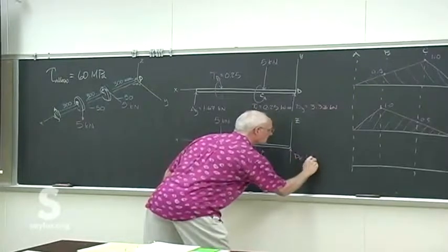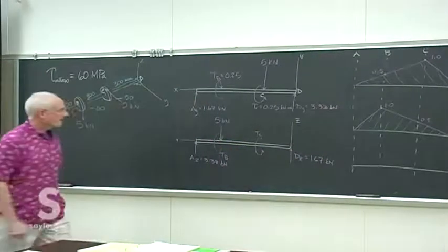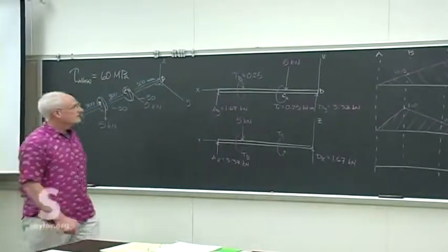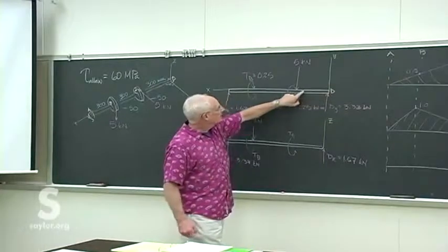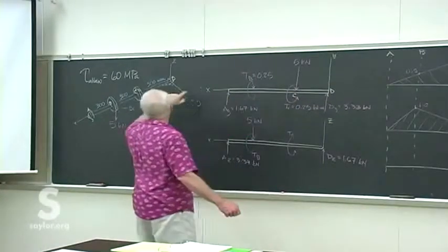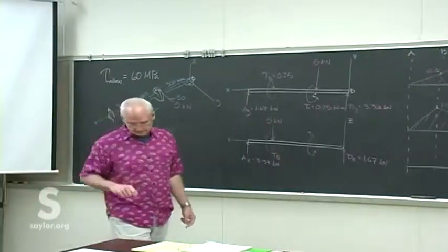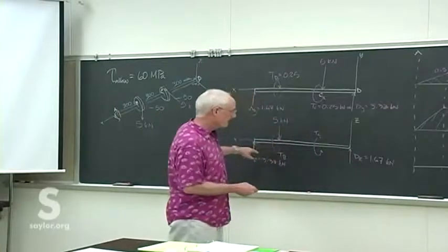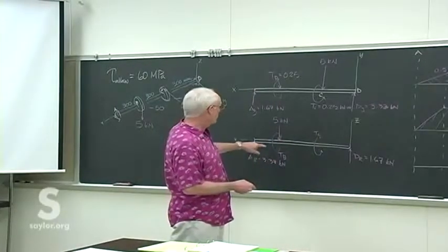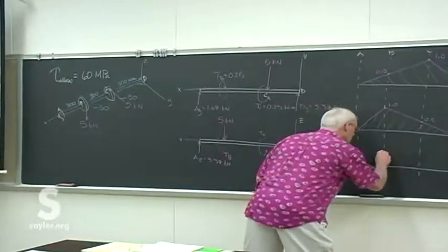And 1.67 there. So then the moment here is the 3.33 times the 30 millimeters should give you 1. And then the torsion, we only have that one bit in between, so it's pretty simple.